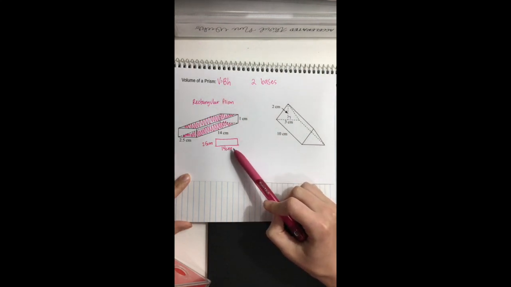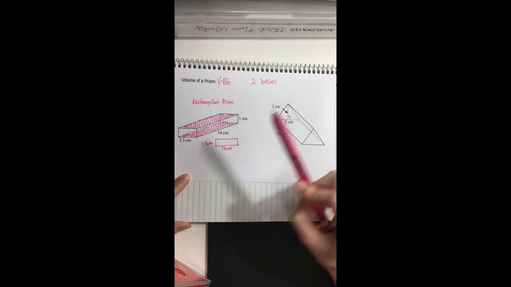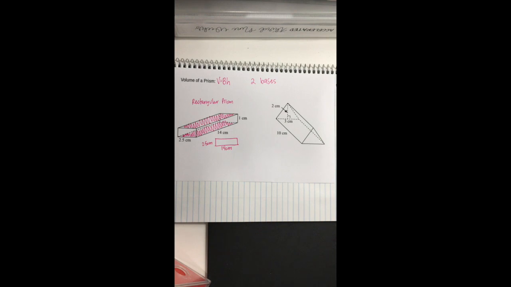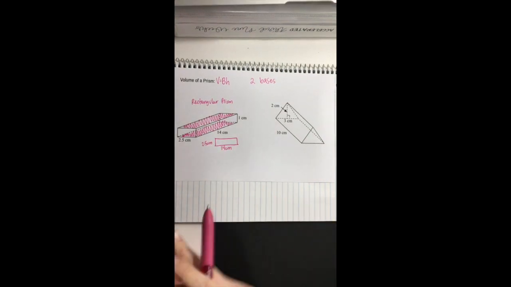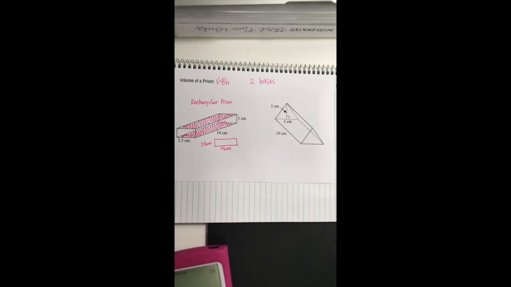We want to find the area of this rectangle, and we want to find the height. Okay, and then we're going to multiply those numbers. So how do we find the area of a rectangle? We're going to do length times width, side times side. So we're going to do 2.5 times 14. And that gives us 35.